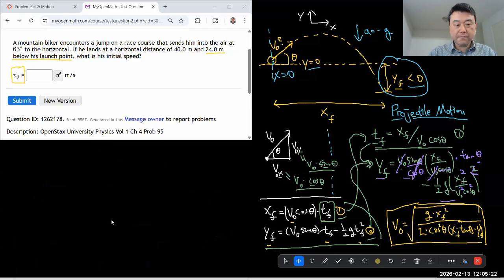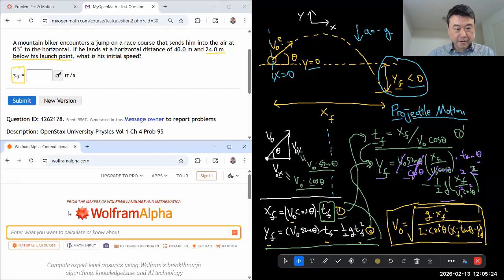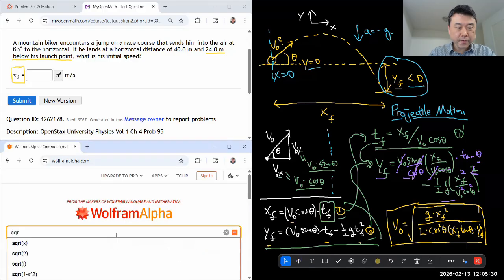Let me bring up my calculator so that I can plug in numbers and be done. Square root of g, that's 9.8.